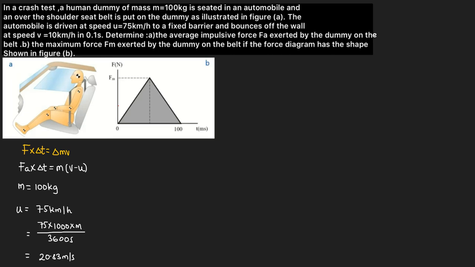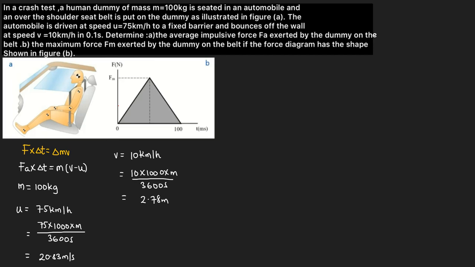For the final velocity also, we are given 10 kilometers per hour. So we are going to have 10 times 1000 meters divided by 3600 seconds.